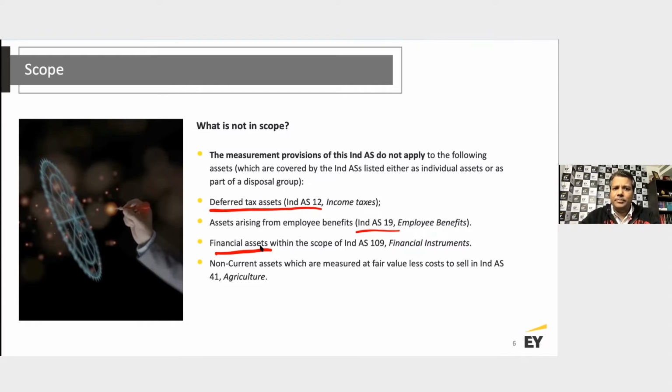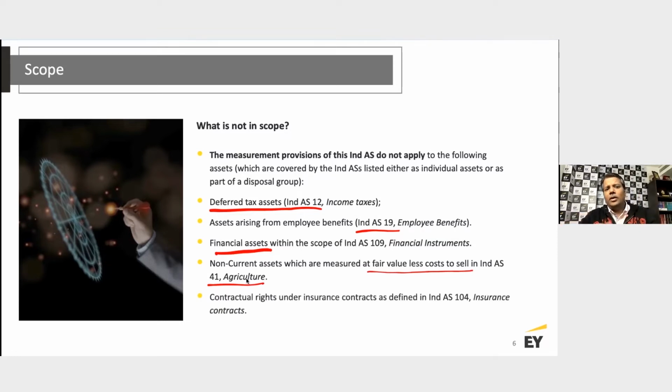Non-current assets which are measured at fair value less cost to sell in Ind AS 41. So if there is a guidance under Ind AS 41, you have to follow that guidance. And then contractual rights under insurance contracts as defined in Ind AS 104, which is the insurance contract.